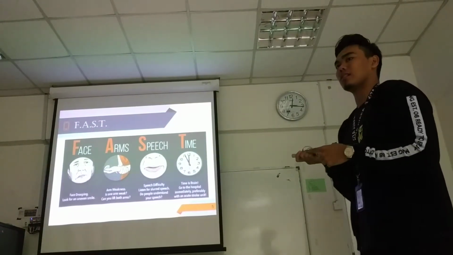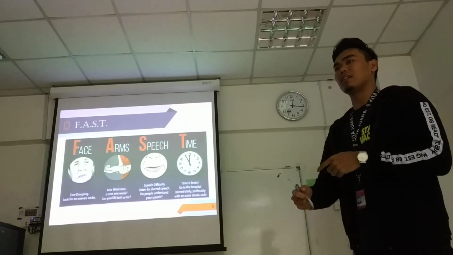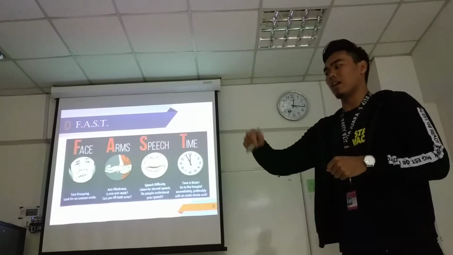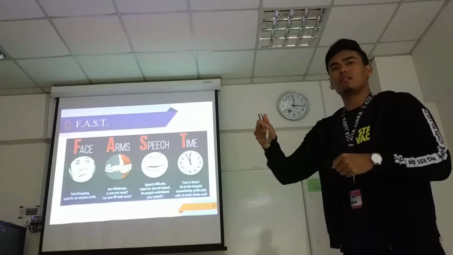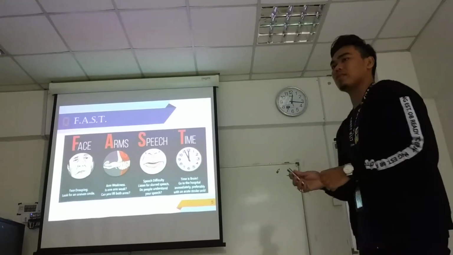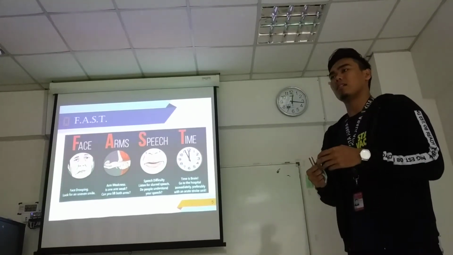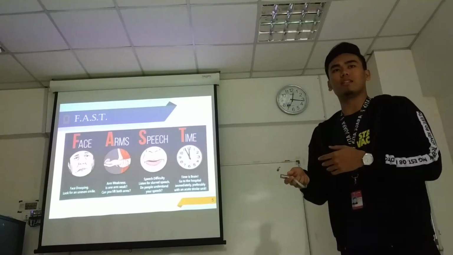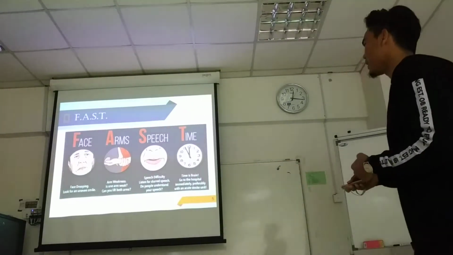Arm weakness: is one of the arms weak, like they have difficulty to lift or grab something? Speech difficulty: before this they could speak fluently, but suddenly they cannot speak fluently. They have difficulty in speaking.